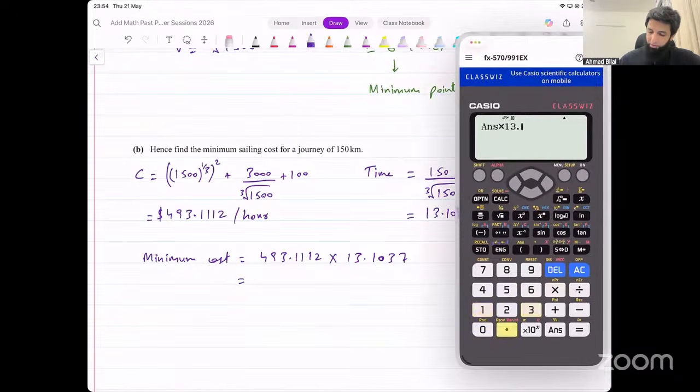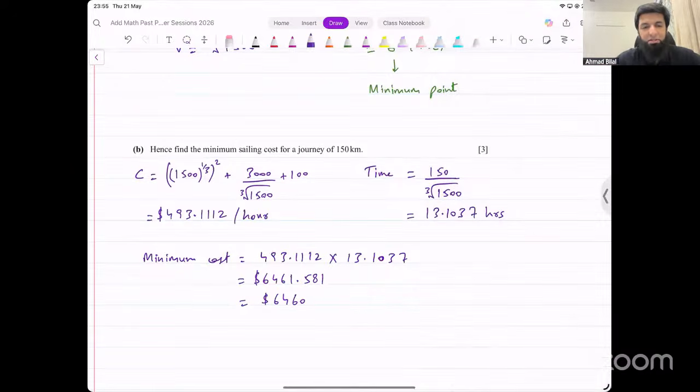This multiplied by 13.1037, and that's giving me 6,461.581. This is not an exact number. You can round it off to three significant figures, and that will give you 6460. That's the cost of sailing that we have in this case, the minimum sailing cost.